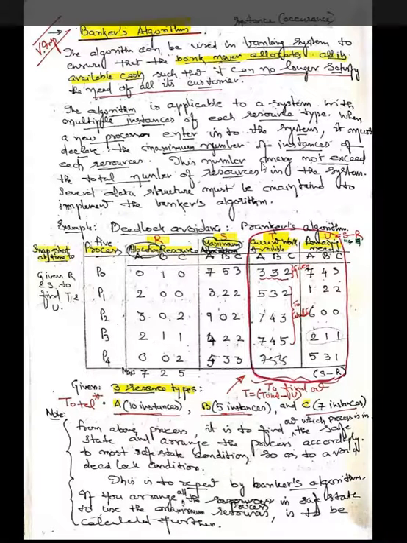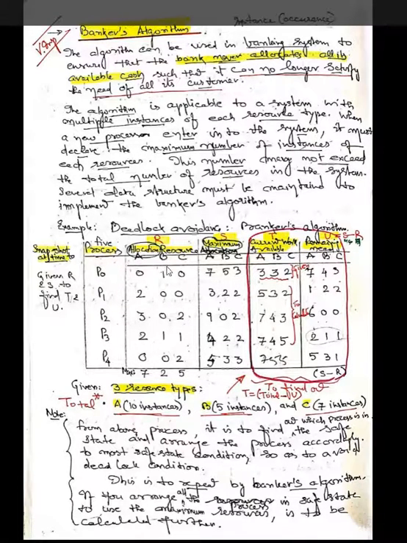Now, what exactly are instances? Here you can see there are three different resource types, A, B, and C. In the case of A, we can have a maximum of 7, in the case of B a maximum of 2, and in the case of C a maximum of 5.